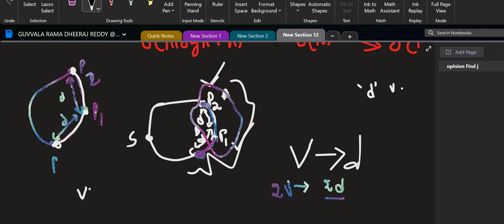Some people will move 1 meter per second, but some people moving with 2 meters per second can move 2 meters. That's what happens here. P1 moves to this point with distance d.